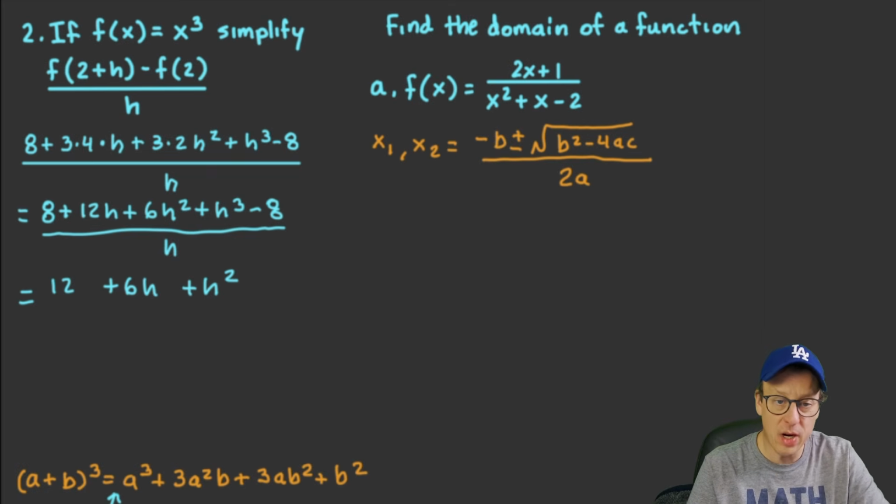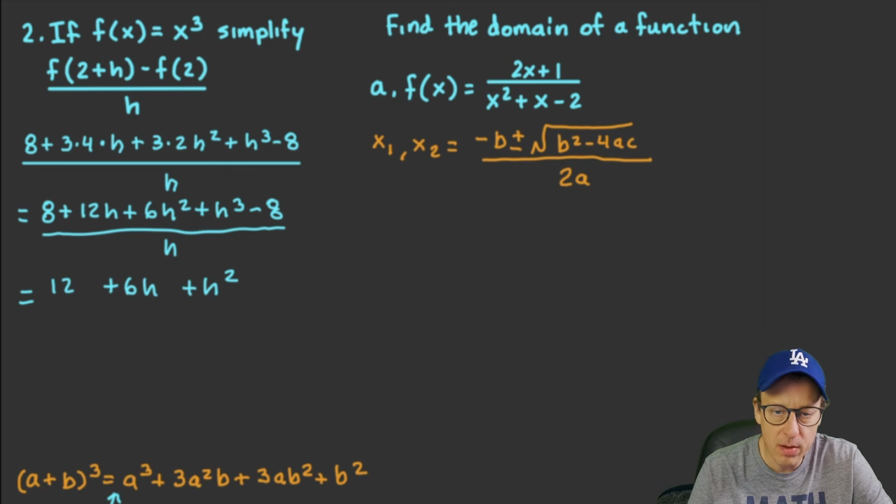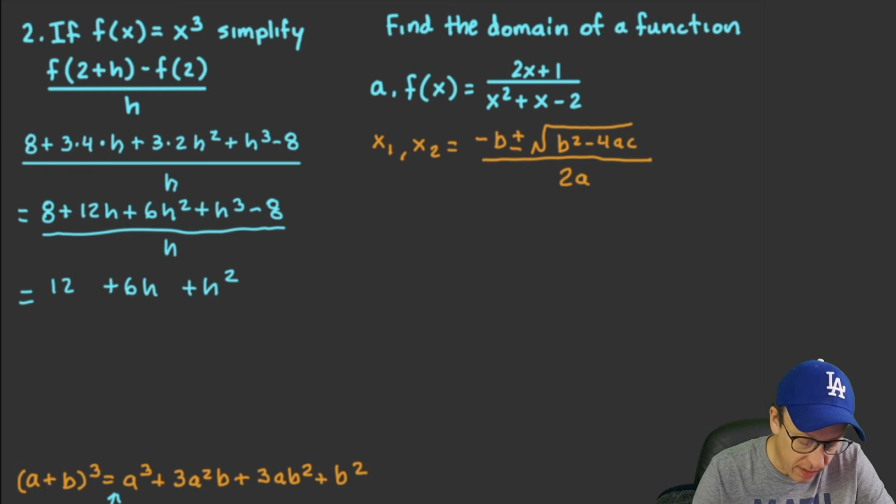We have our quadratic formula. So what we want to do is find the values that make our denominator be equal to 0. And if we do that, then we'll know what input values are not valid for our equation here, for the domain of our function.